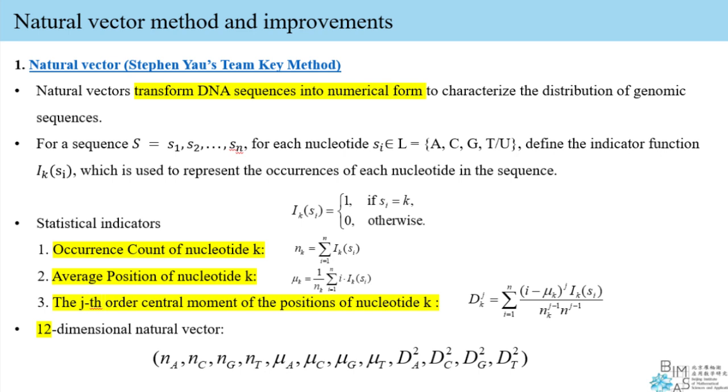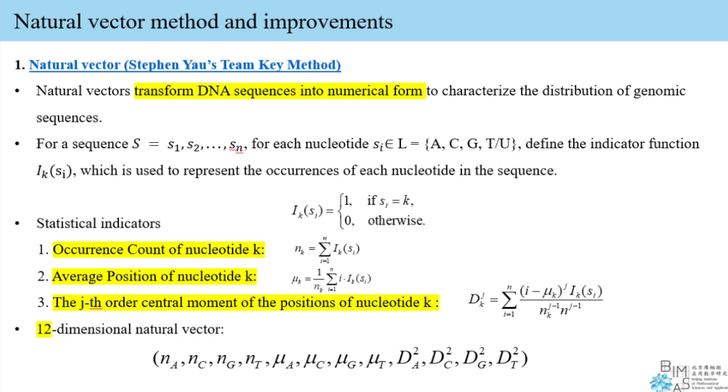Then we can define something from a mathematical point of view, because the sequence is very long. One way is to count how many of those nucleotides there are: how many A appear in this long sequence, how many C. That's very natural, right?